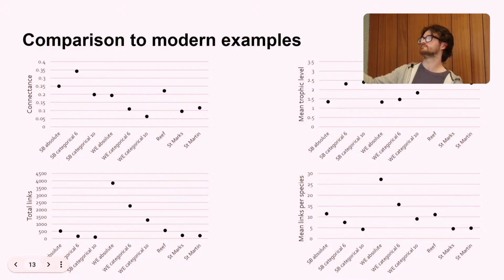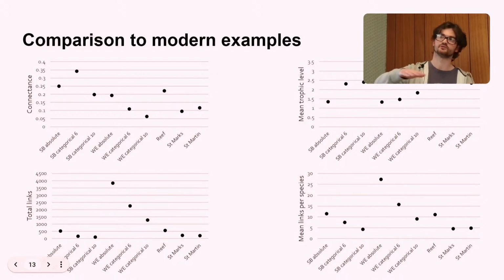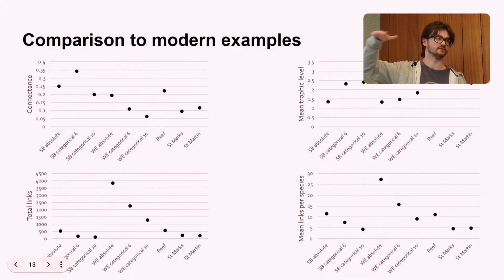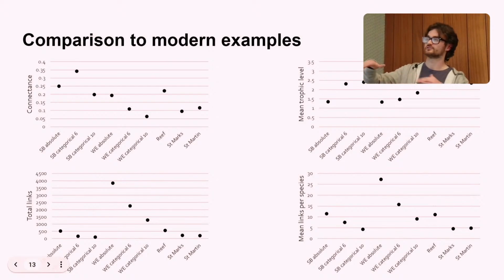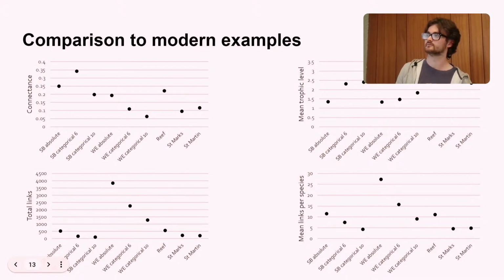Basically, trophic level before the marine mesozoic revolution, MMR, was on average lower, because once these new primary producers came in and pushed more energy into the system, that allowed more organisms to occupy a higher trophic level. So it seems that artificially stratifying the web produced a more realistic, more modern mean trophic level.